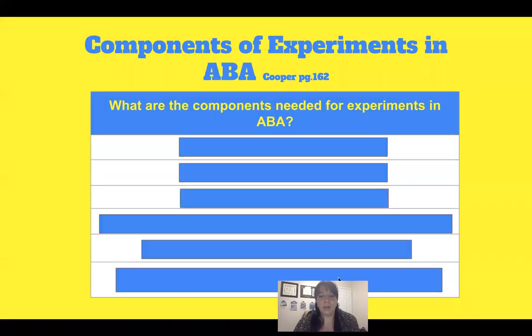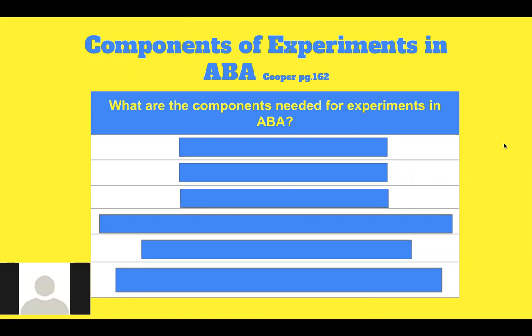All right, next I put it on a pretty little chart here, the 6 components of experiments in ABA. This is page 162 in Cooper. So it basically says, what are the components needed for experiments in ABA? Does anyone know? Subject. Okay, one subject. What else? Setting.